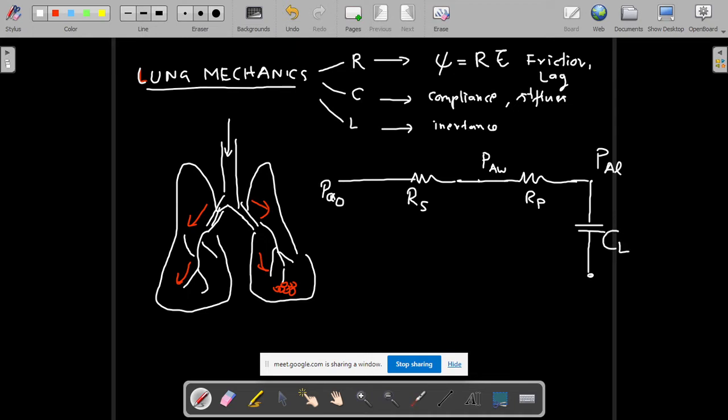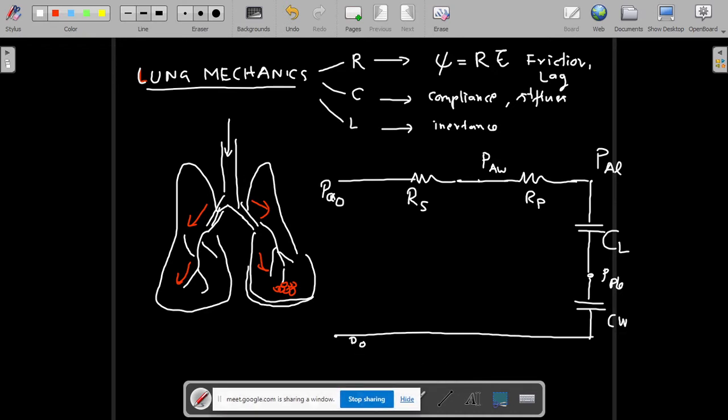Then this is the pleural pressure. The outer layer of your lung membrane is called the pleura. Similarly you have a capacitance, which I'll represent by CW. All of these pressures are measured with respect to the ambient pressure, which I put as P naught.